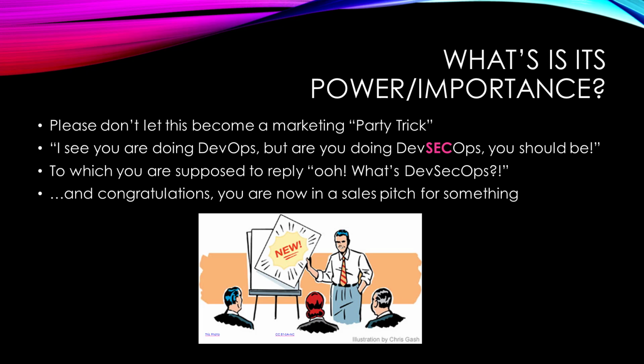However, we need to work together to make this not become a marketing party trick. Ho-ho, I see you're doing DevOps, but are you doing DevSecOps? You should be. To which you're supposed to reply, oh, what's DevSecOps? And congratulations, you are probably now in a sales pitch for something.